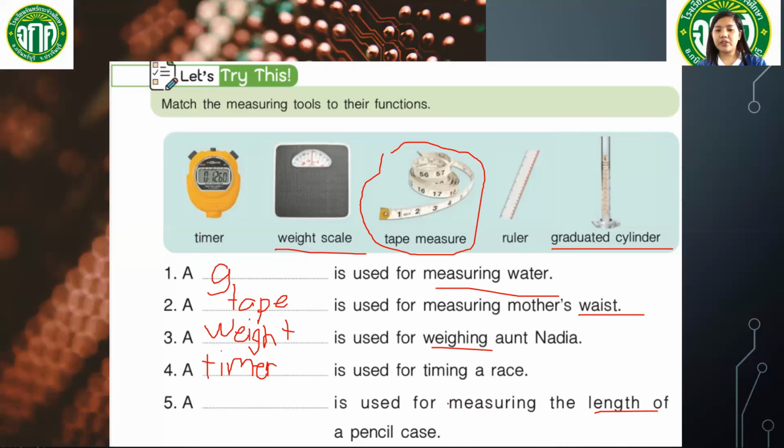What are we going to use for measuring length? We can use a ruler. We use a ruler to measure a pencil case. The answer for number 5 is ruler. Those are the answers for numbers 1 to 5.